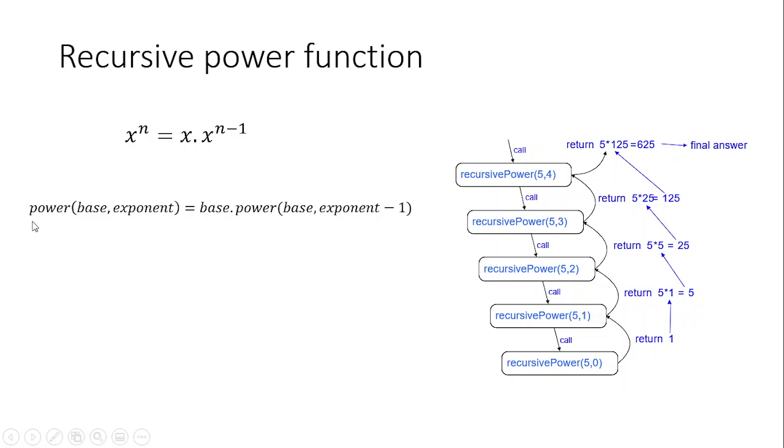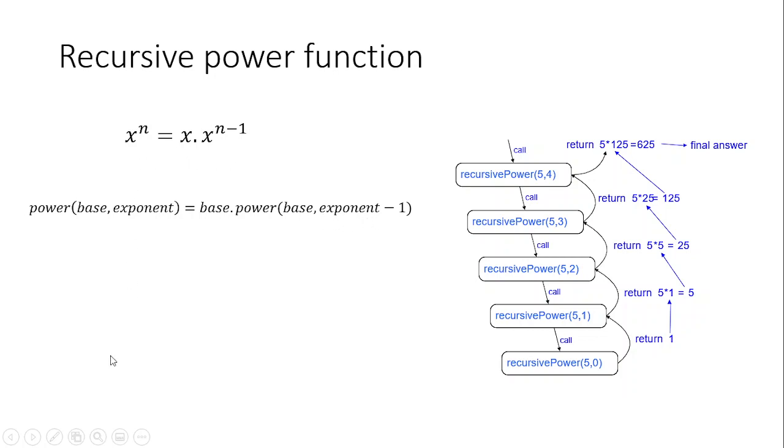So if you need to find the power of a number, you have the base and you have the exponent. So if you need to find this thing, you can do it this way as well. You can find the value of this power function for a smaller exponent, one smaller.